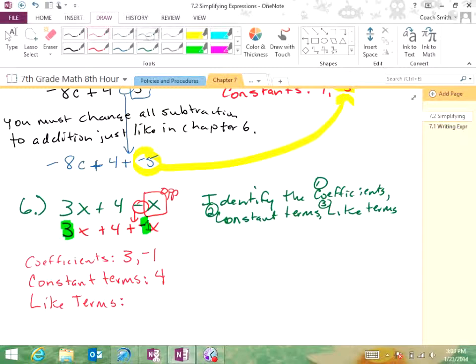So our like terms, we have an x there and an x there. So our like terms are 3x and negative 1x. Those are your like terms.